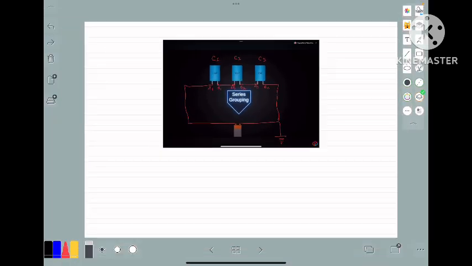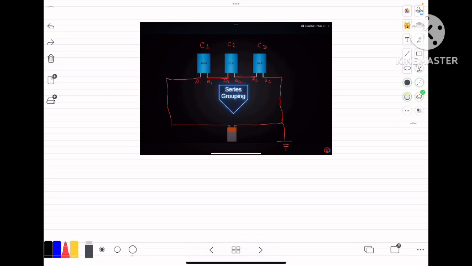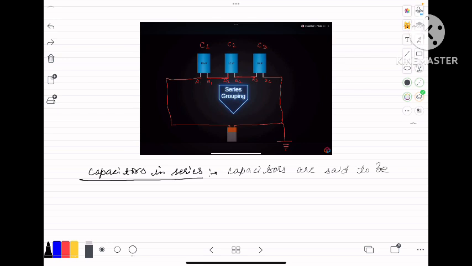So first we will write the definition. Capacitors in series. Capacitors are said to be connected or joined in series when they are connected end to end.